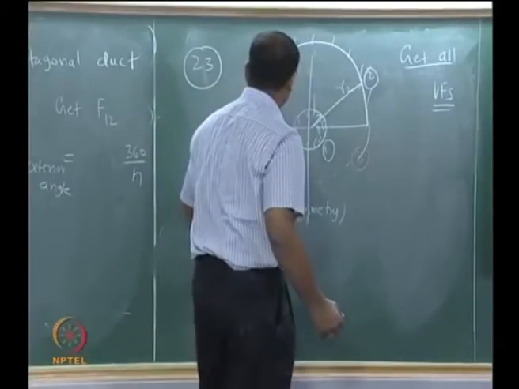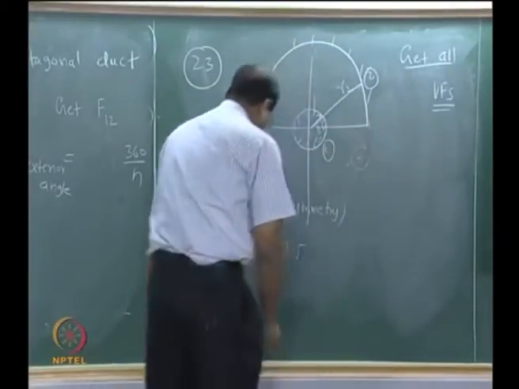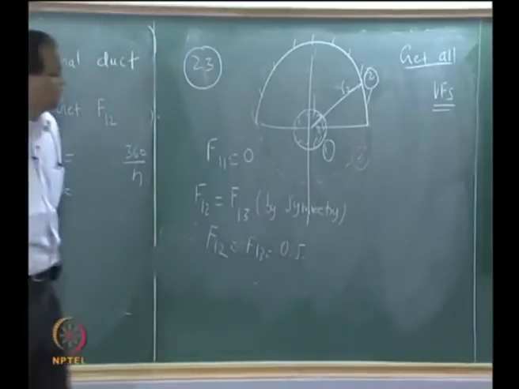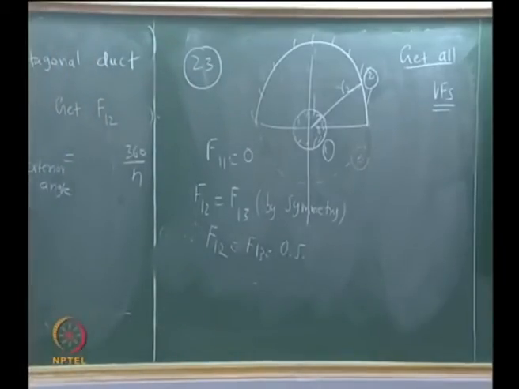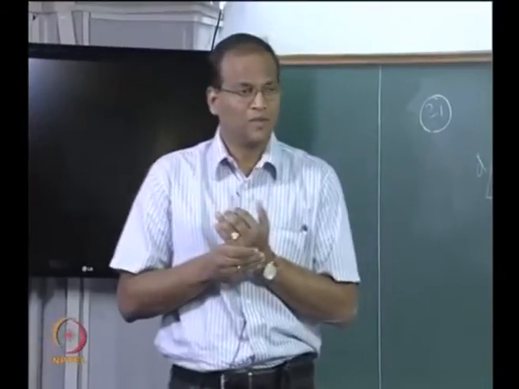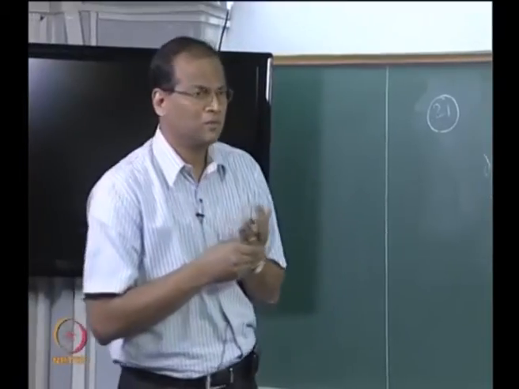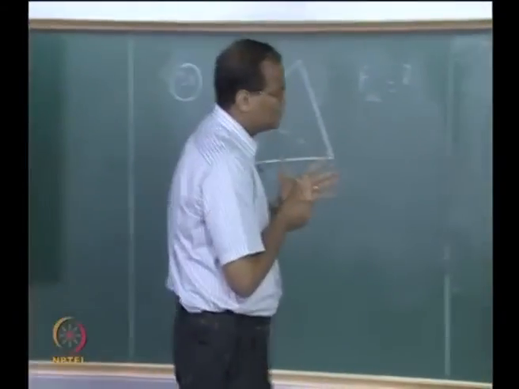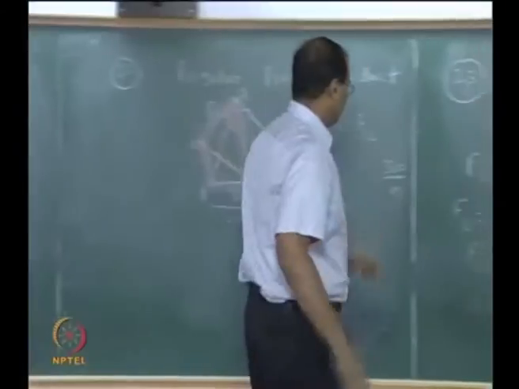Now this fellow is not like this, okay. Now what about F33? F33. What is F22? Are you able to get the other things?